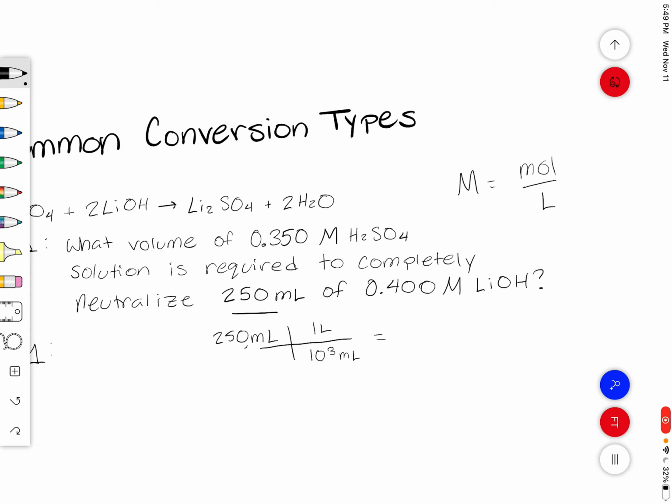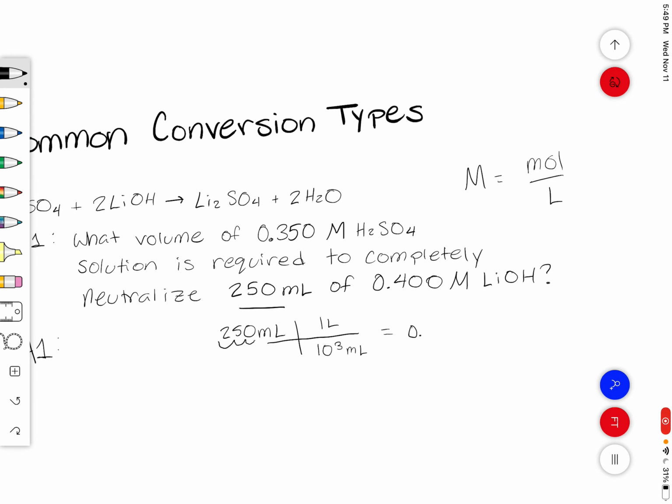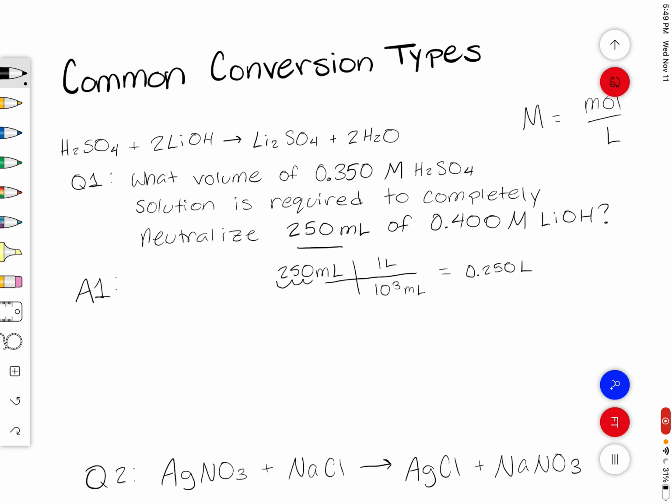Or you can also just move your decimal places 3 places to the left and get 0.250 liters.